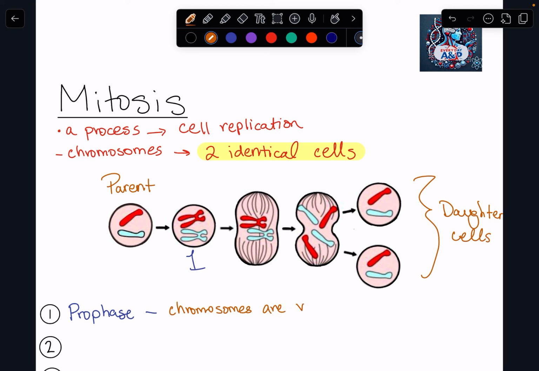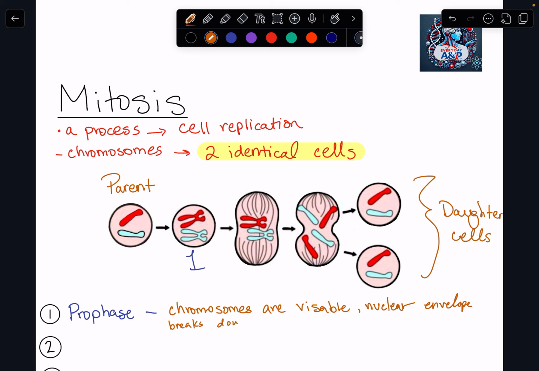When we look at mitosis, we have four specific phases. The first phase that we want to cover is called prophase. Phase number one. We'll go a little more in depth about what happens in this phase.